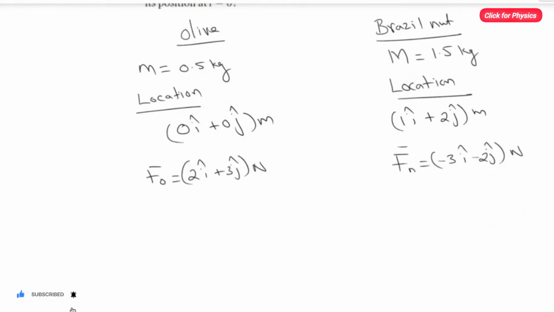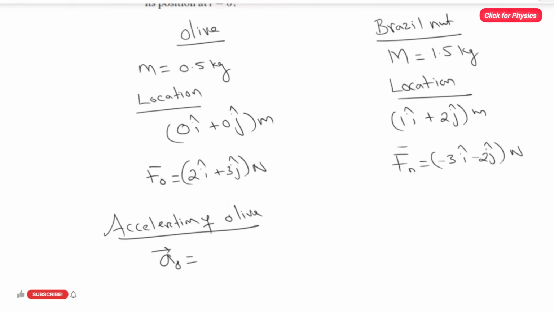So now I have to find the acceleration of the olive. We know the rule: the acceleration of the olive, A of O, where O stands for olive, is given by the force acting on the olive divided by the mass of the olive.